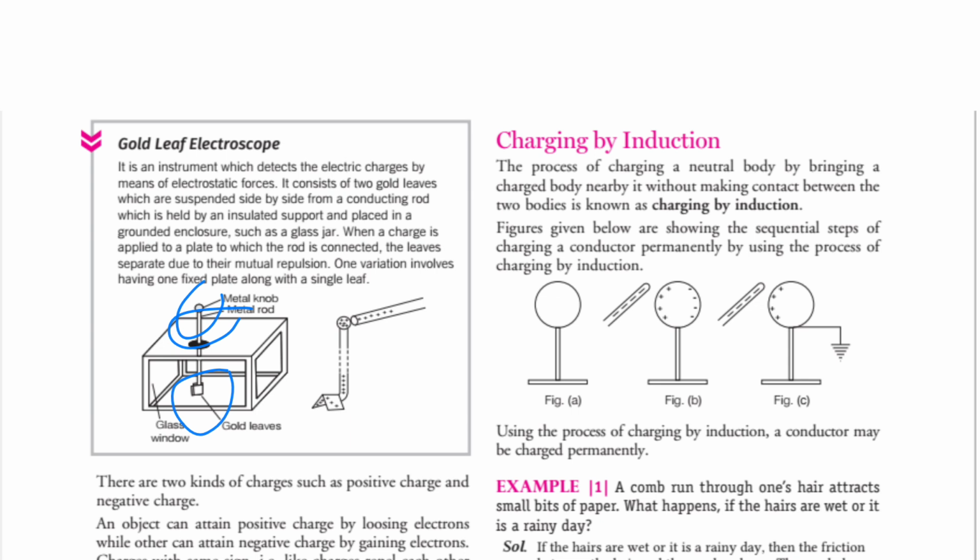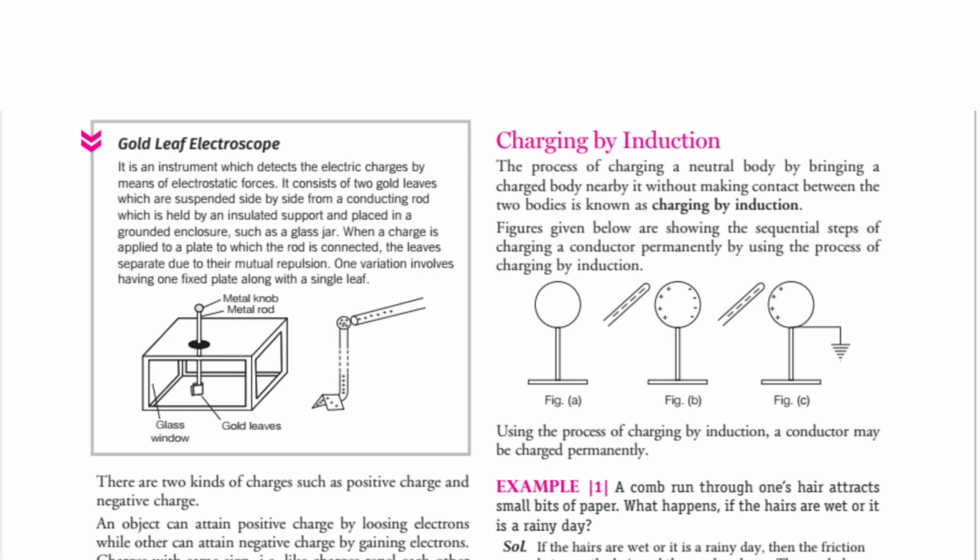One variation involves having one fixed plate along with a single leaf. We can see over here a single leaf and another leaf, with positive charge on it. Through the metal rod and metal knob we provide the charges on that plate of the gold leaf. And this is the glass window.